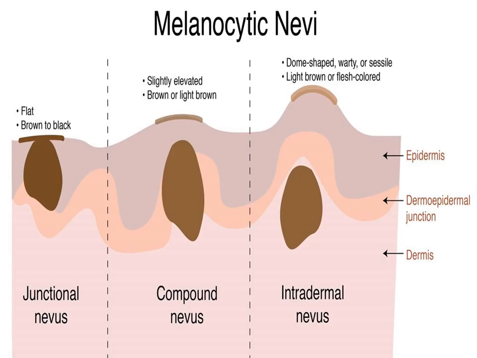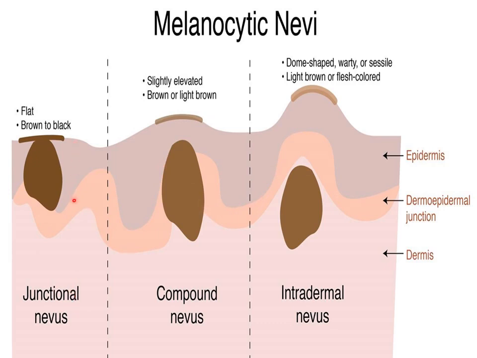Here is a diagram showing the stages or the types of melanocytic nevi. Here is the epidermis, and here is the dermis, and this is the junction between the dermis and epidermis, which is the dermo-epidermal junction.